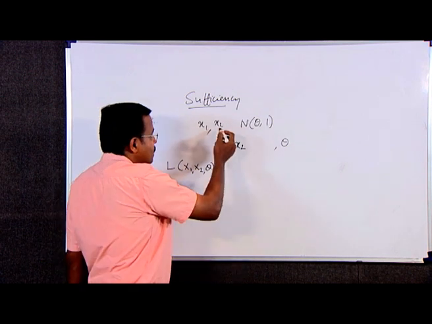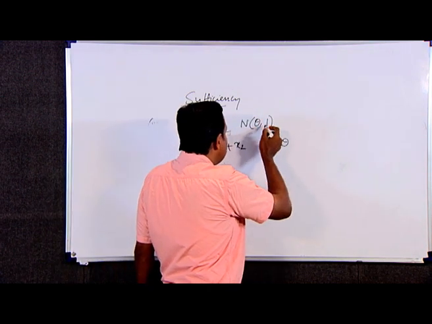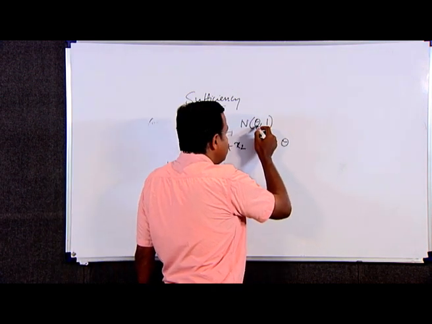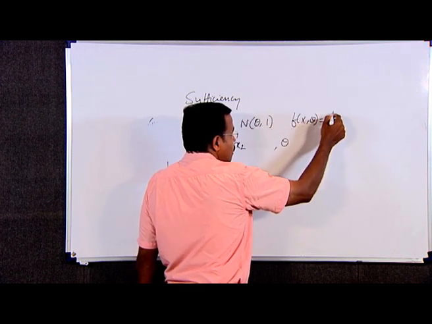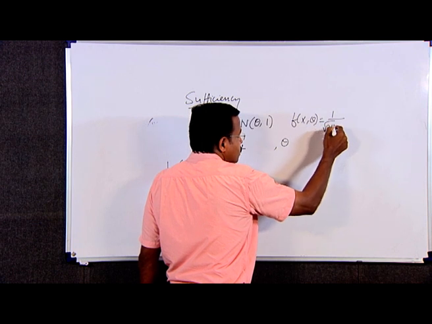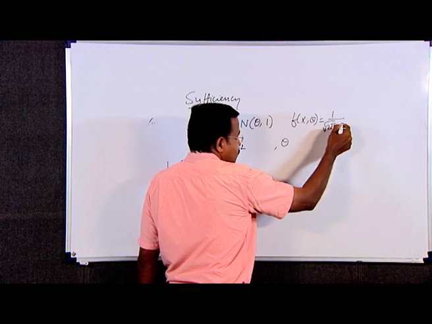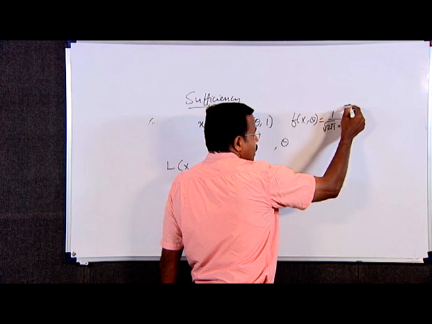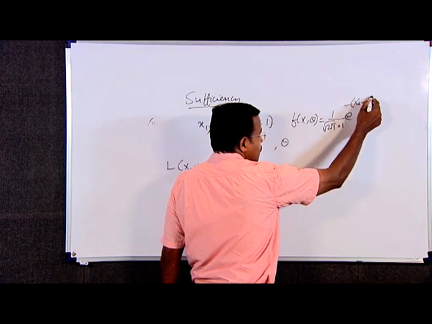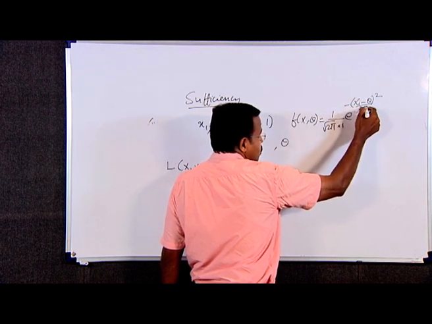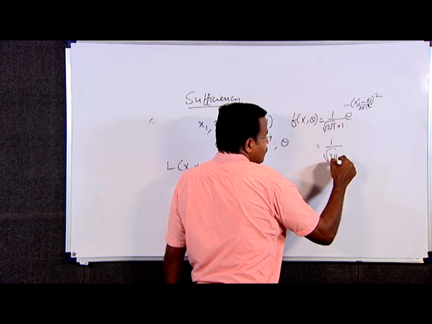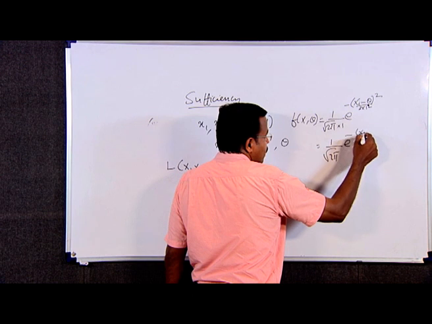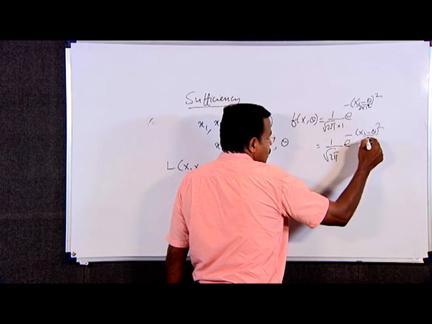So, here the sample is taken from a normal population with the parameters mean theta and standard deviation 1. So, f of x, theta is equal to 1 divided by root of 2 pi into sigma, that is 1, and e raised to minus of x i minus theta the whole square divided by 2 into 1 square, or that is 1 by root 2 pi e raised to minus of x i minus theta the whole square divided by 2.